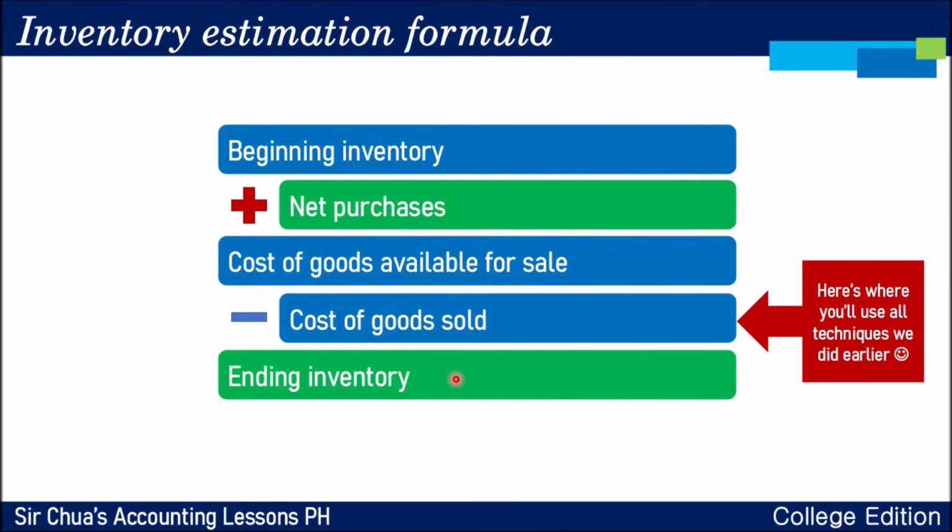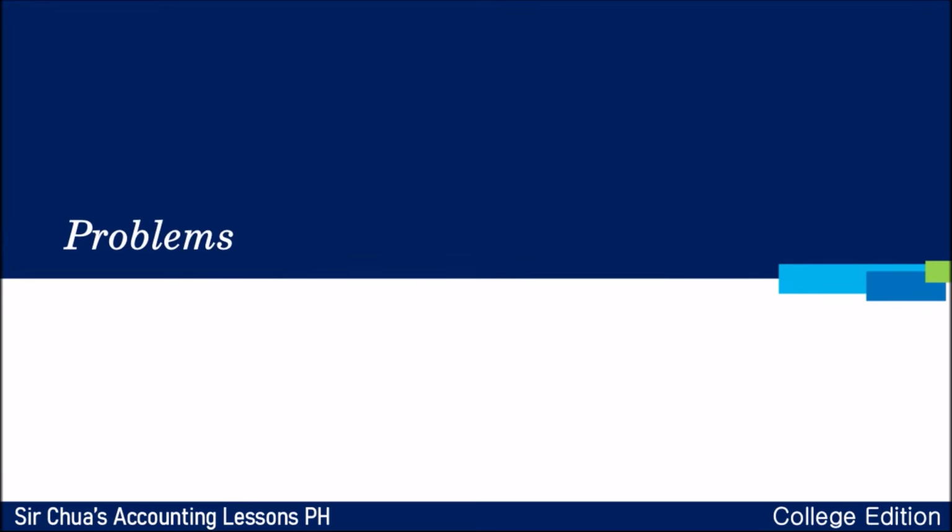That's the time that we will be using all of the techniques that we learned earlier. Kung paano kunin yung cost of goods sold galing sa gross profit rate based on sales or based on cost. Depende sa company situation. Okay? So, tandaan nyo lang tong formulang to, and that's the formula that would be used at the totality ng ating discussion for gross profit method. Awesome. Okay. Let's have some problems, your very, very favorite part.